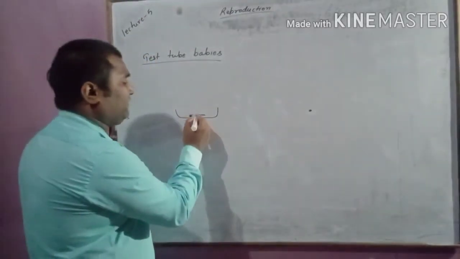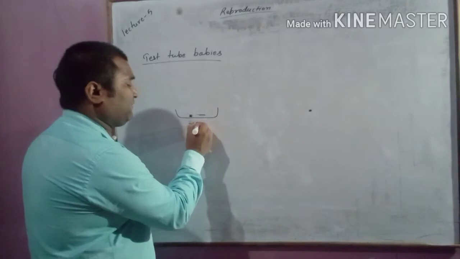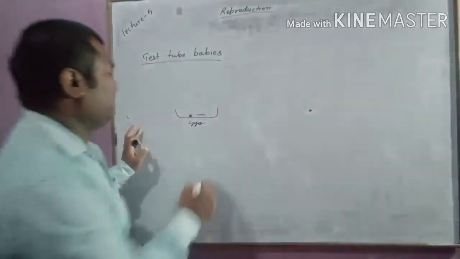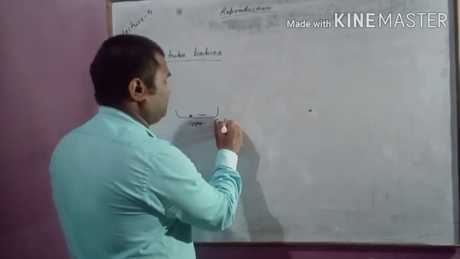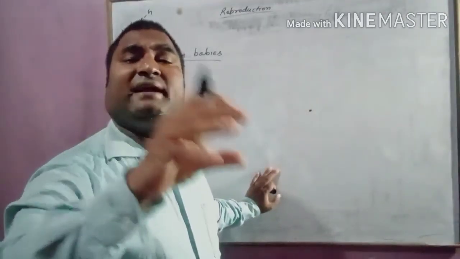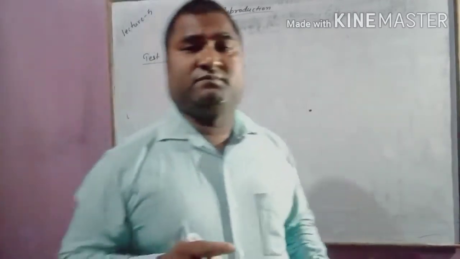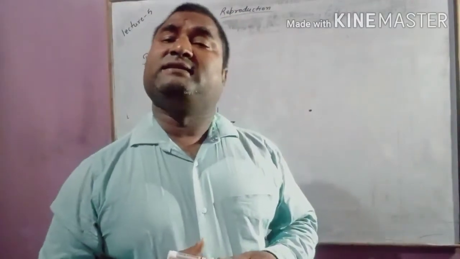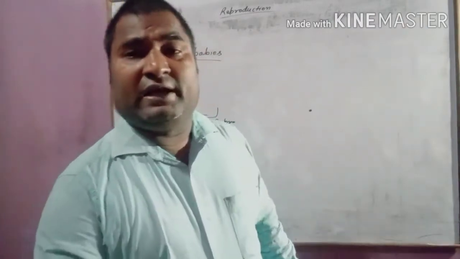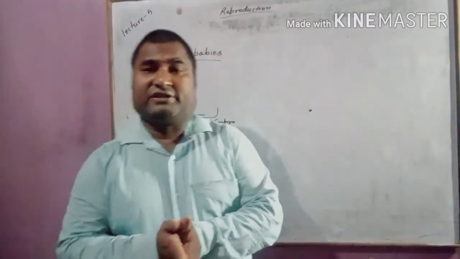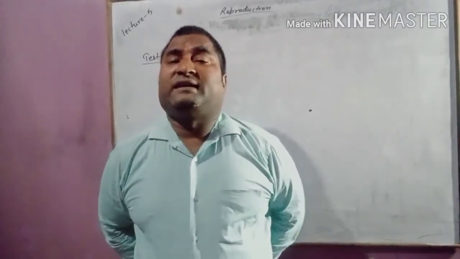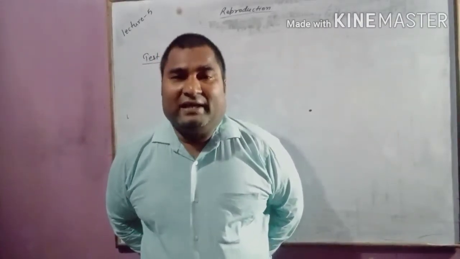So after fertilization the zygote is developed, and this zygote develops into an embryo, and this embryo is implanted in the mother's womb and the pregnancy is confirmed. So this technique is called in vitro fertilization, and this type of baby is called a test tube baby.